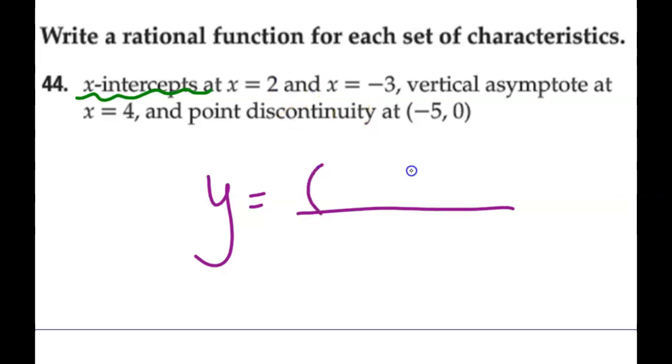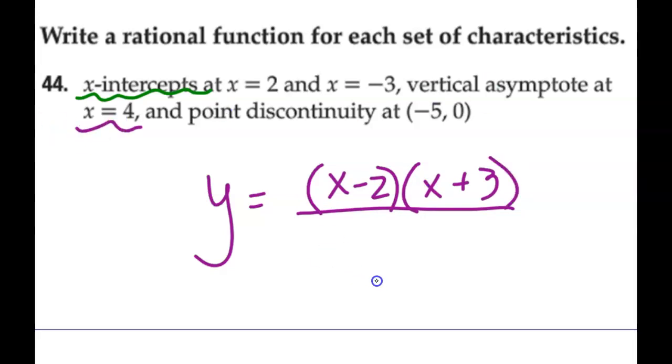So what are the two factors I need up here for 2 and negative 3 to work? X minus 2 and x plus 3. Okay, vertical asymptote at 4. Vertical asymptotes come from the denominator, and to be 4, it would have to have an x minus 4.